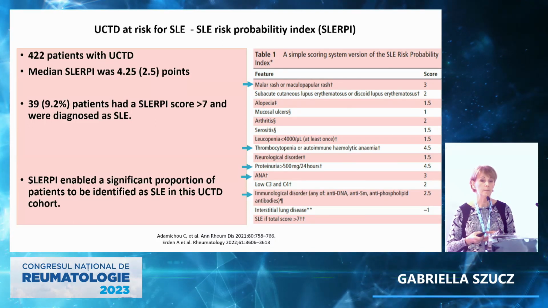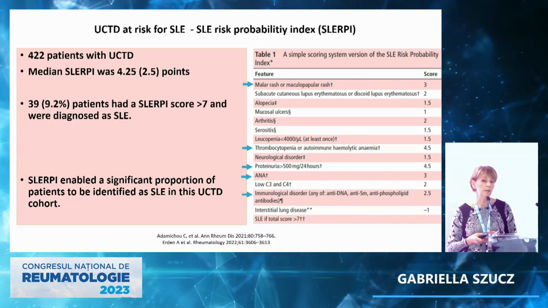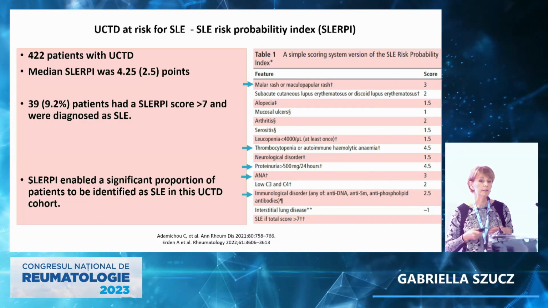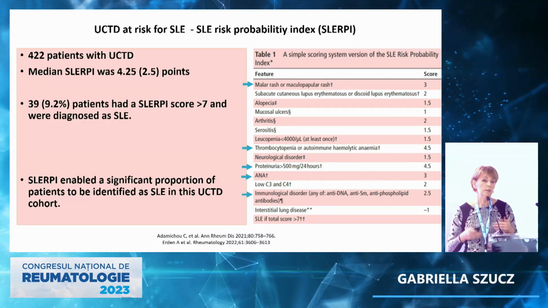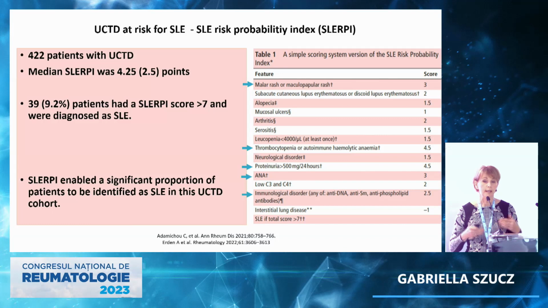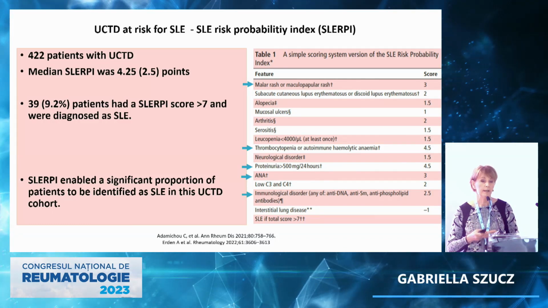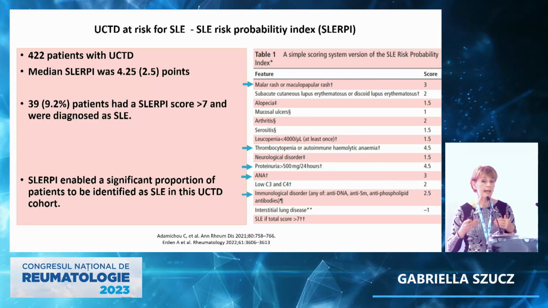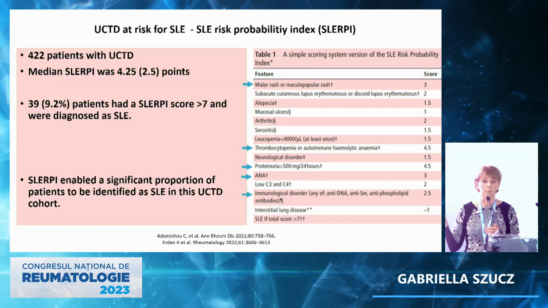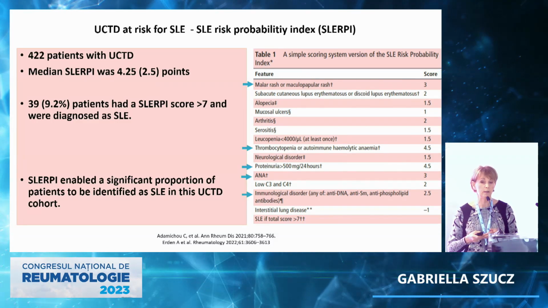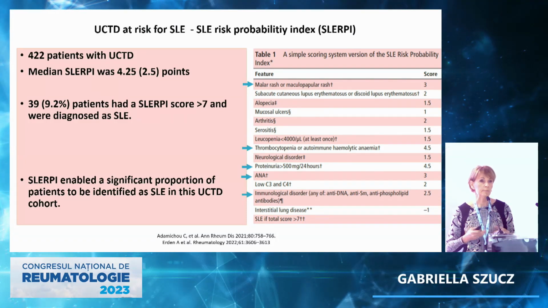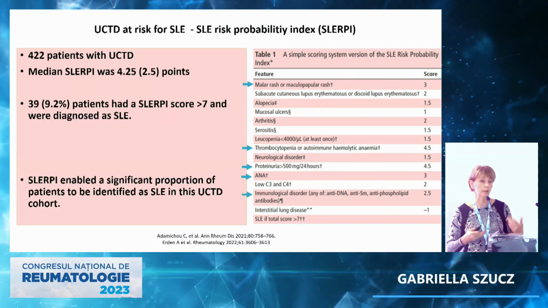study where more than 400 UCTD patients were involved, and almost 10% of the patients had a high so-called SLE risk probability index, and they were diagnosed as SLE. And the probability factors were the malar rash, the thrombocytopenia, proteinuria, antinuclear positivity, and some immunological parameters typical for SLE.